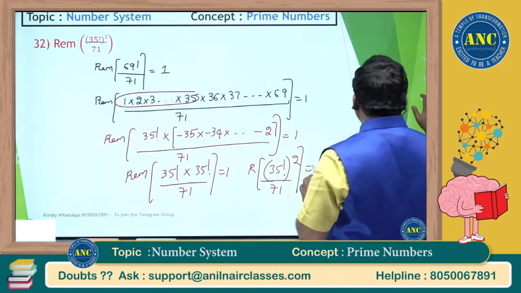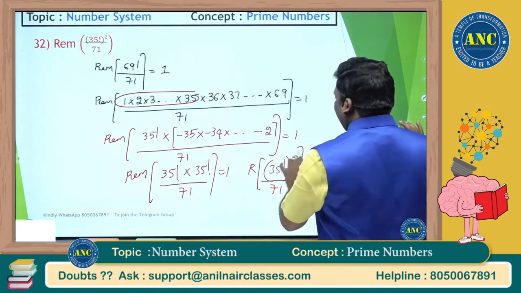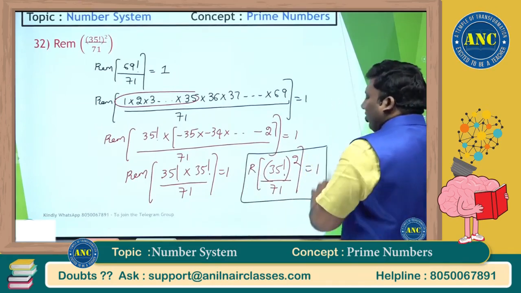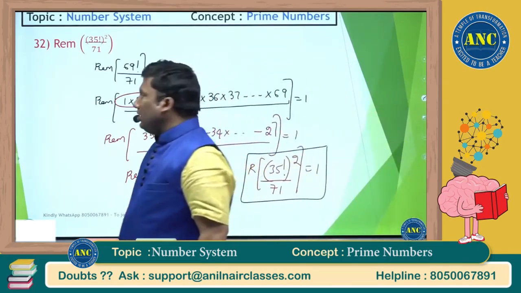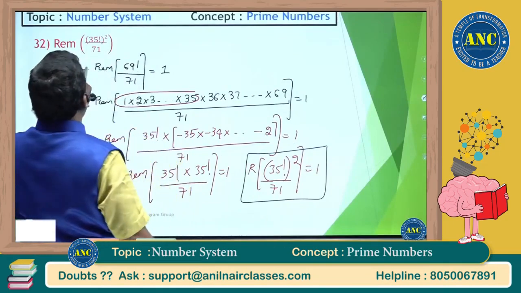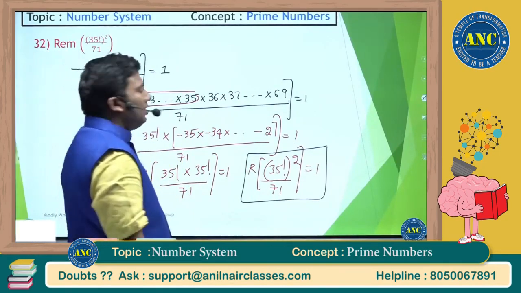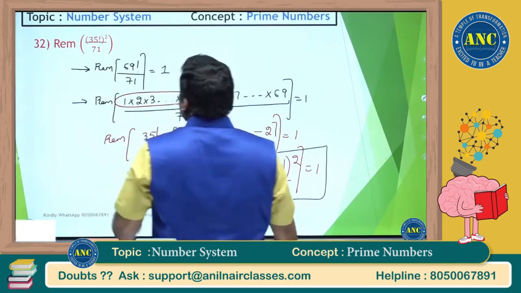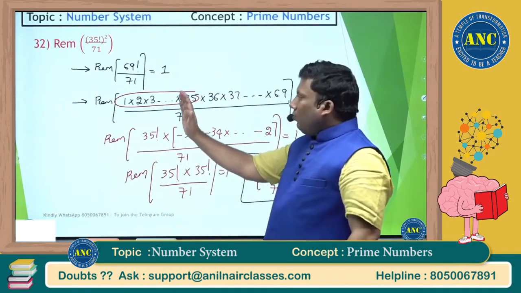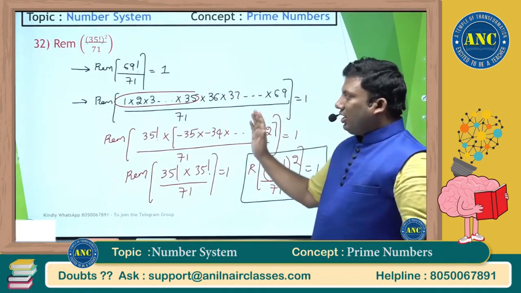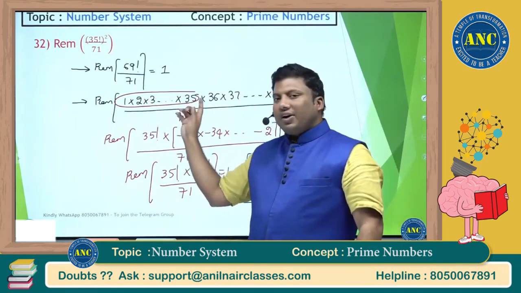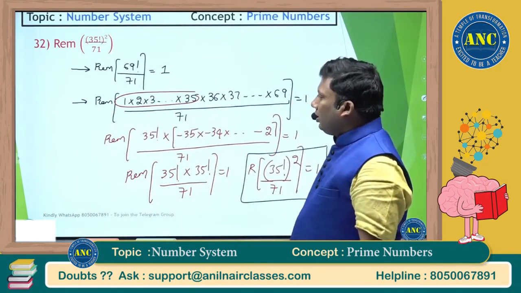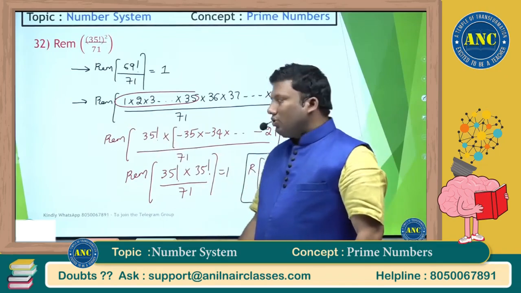Please make a note of it. 35 factorial whole square divided by 71, it is 1. 69 factorial divided by 71, it is 1. 69 factorial is 1 into 2 into 3 till 69. First part of it is 35 factorial.